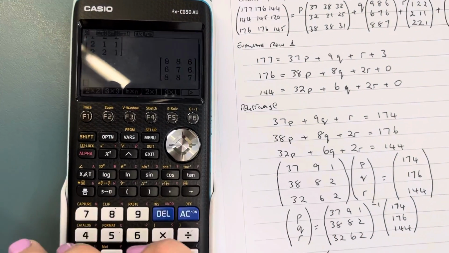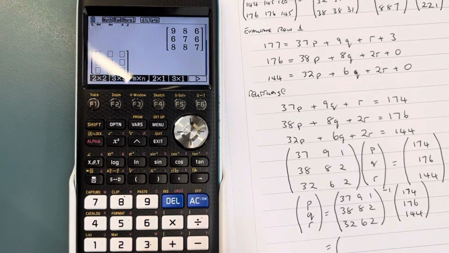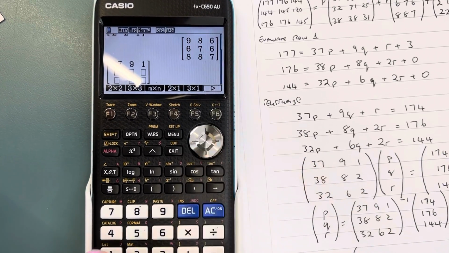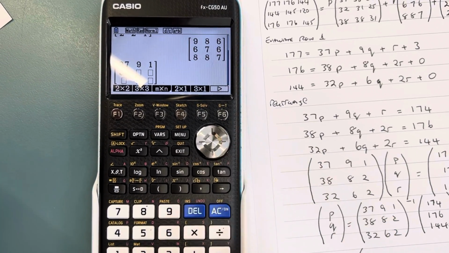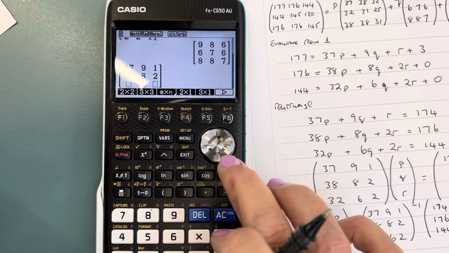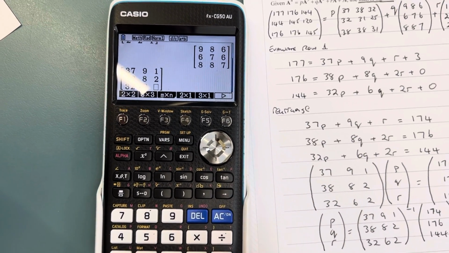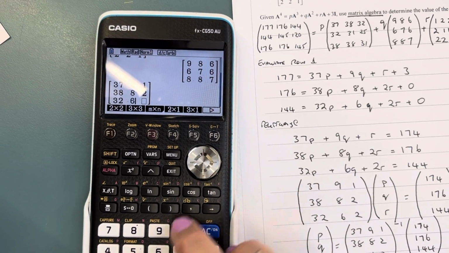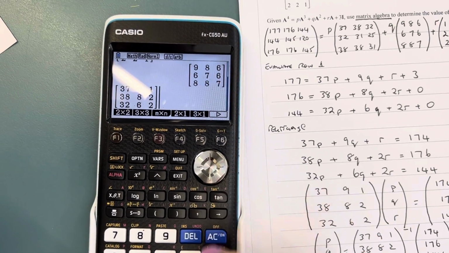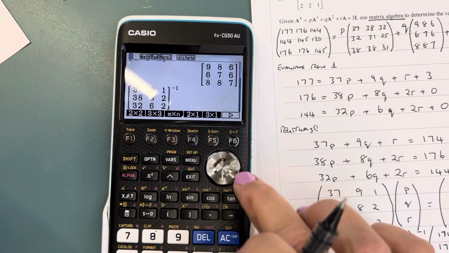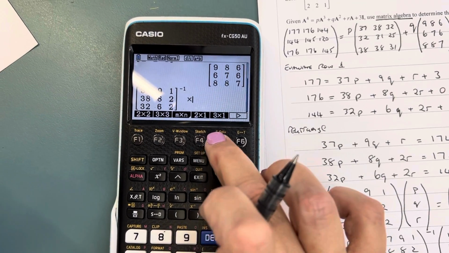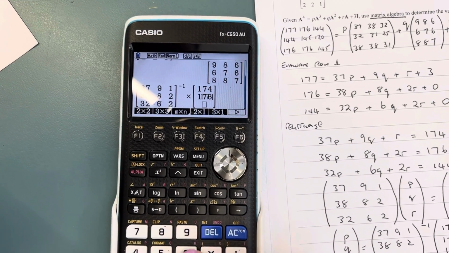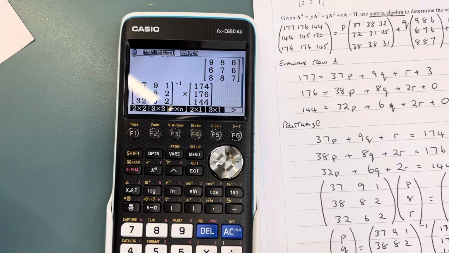So over on my calculator, I'm going to go a 3 by 3, 37, 9, 1, 38, 8, 2, 32, 6, 2, to the power of negative 1, times 3, 1, 174, 176, 144.